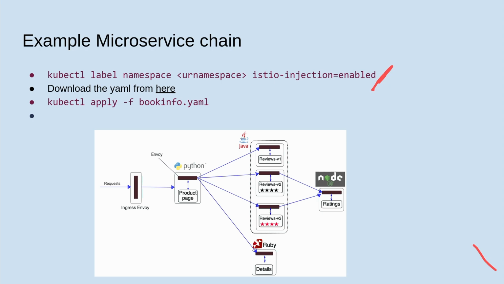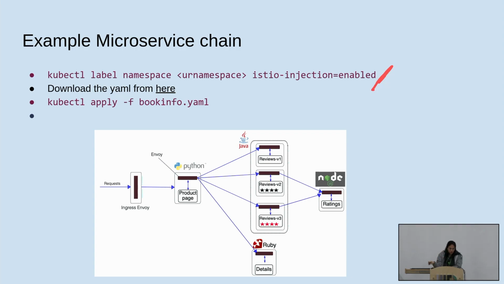Okay, so do you have Istio injection enabled on your namespace? Show of hands, please. Okay, great. So what you have to do is you downloaded the bookinfo YML from online into your folder, right? So now you want to enable the microservice chain in the individual namespaces, right?